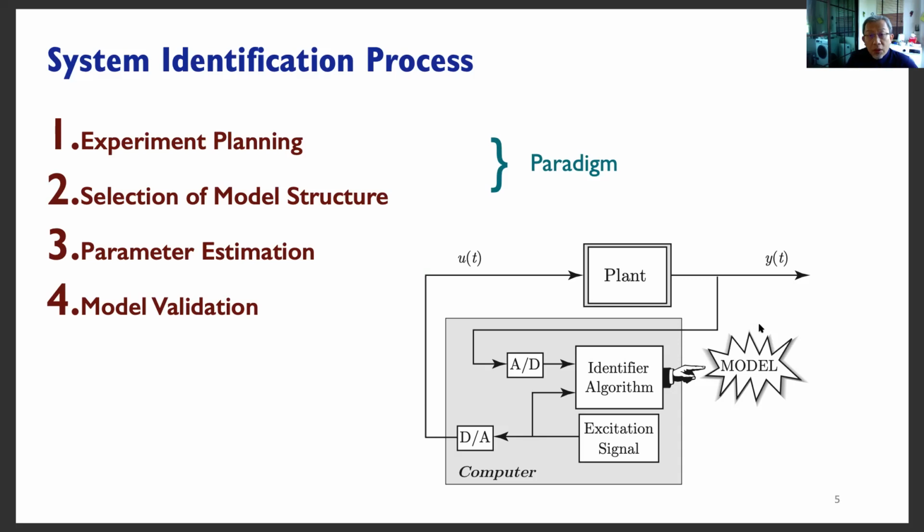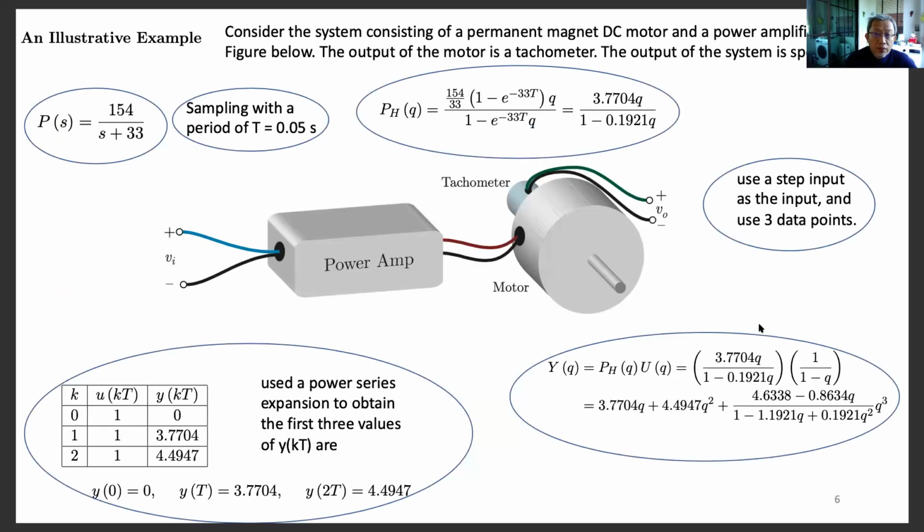So, for example, if we want to test a simple motor, as shown here, connected with the power amplifier. First of all, we must have the input VI. Then this VI will go to the power amp to increase the amplitude and the power of the signals, and then be injected to the motor.